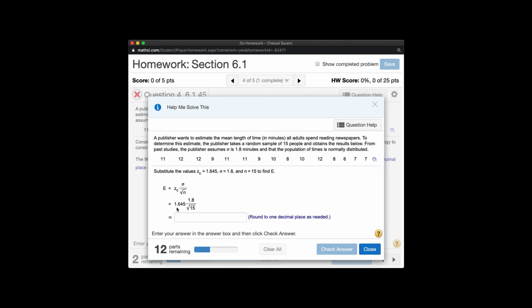Then you multiply that, use a calculator.